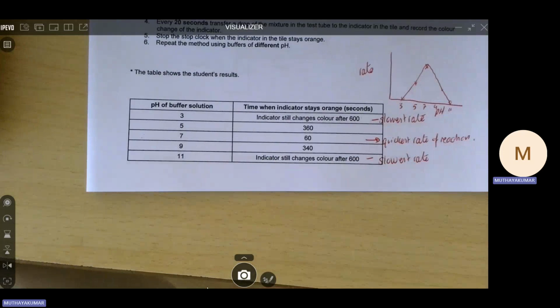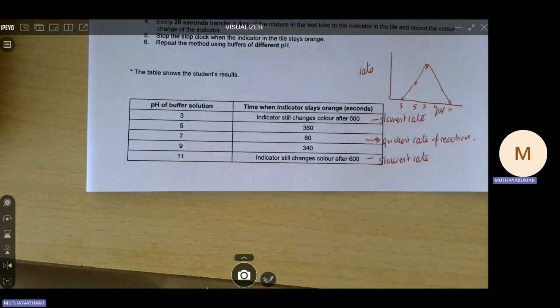Because the question then goes on to say, on the next slide, explain the pattern of the results. Include ideas about the mechanism of enzymes in your answer. Okay, so you need to explain why there was a quicker rate of reaction at pH 7 and no rate of reaction at 3 and 11.